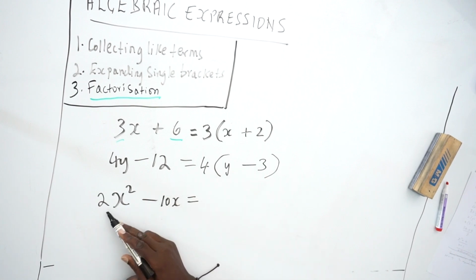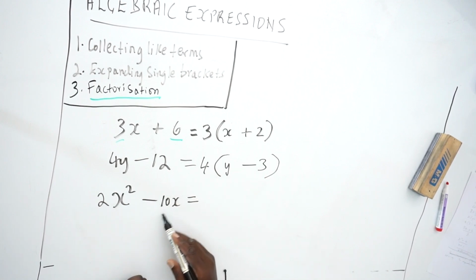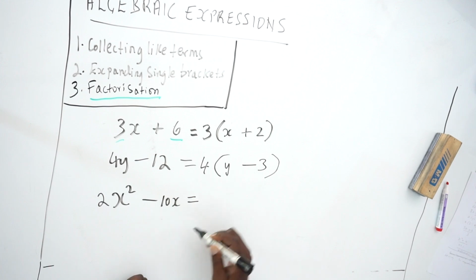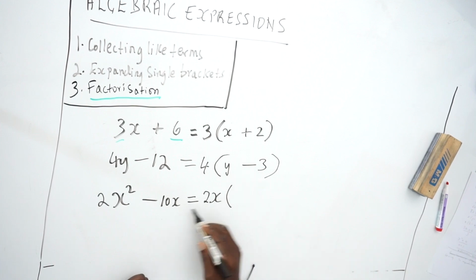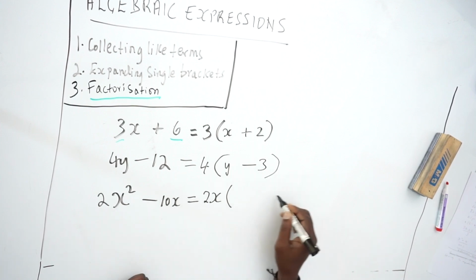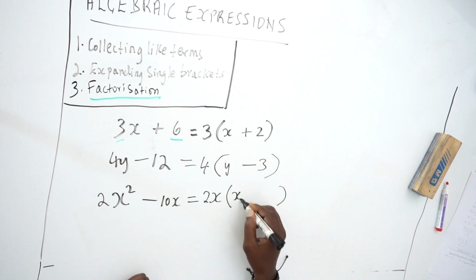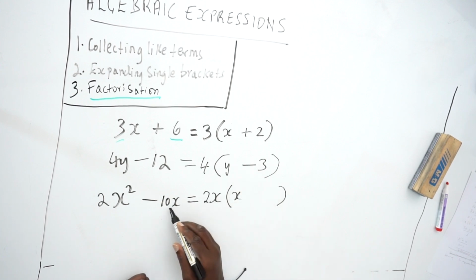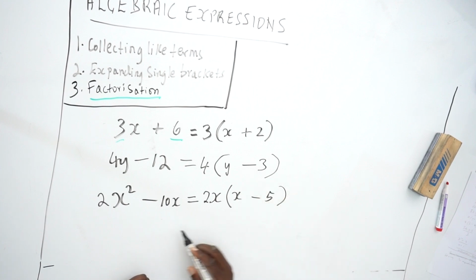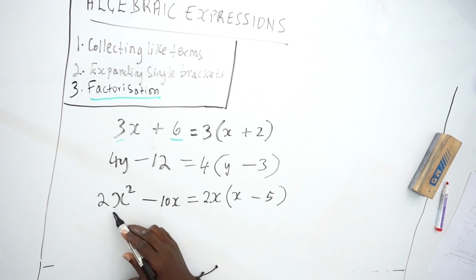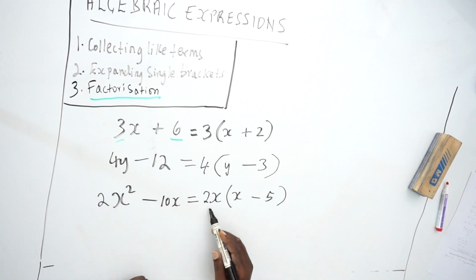We notice 2 is common because 2 can go into 10, but also x is in both places. So here the best thing is to remove 2 and x also, not just 2 alone. What do you multiply 2x with to get 2x squared? x. What do you multiply 2x with to get minus 10x? Minus 5. So you have made sure that you took out what is common in both parts. This means you have given full factorization.